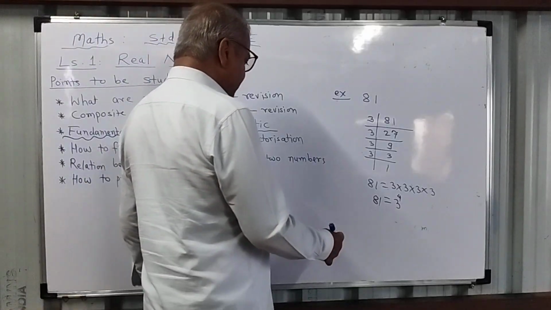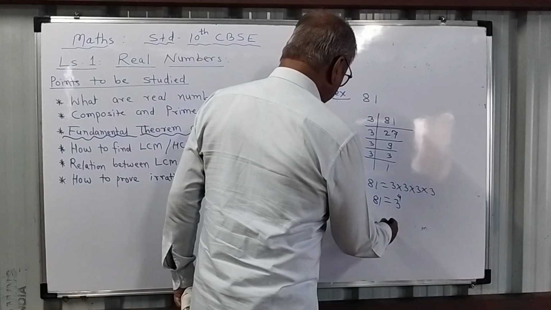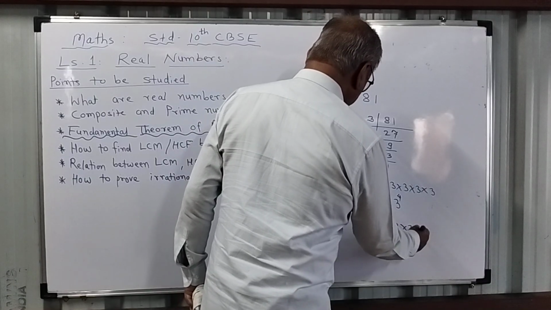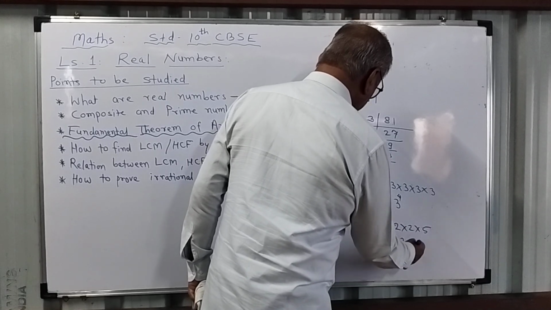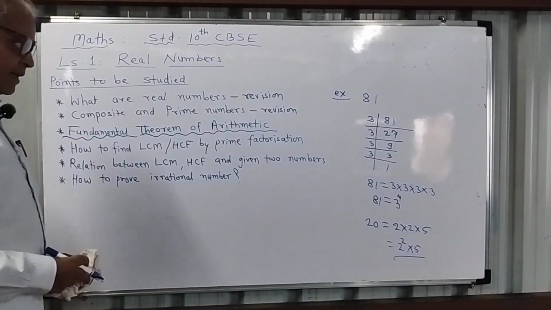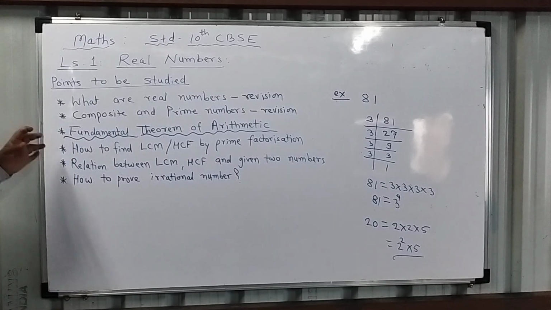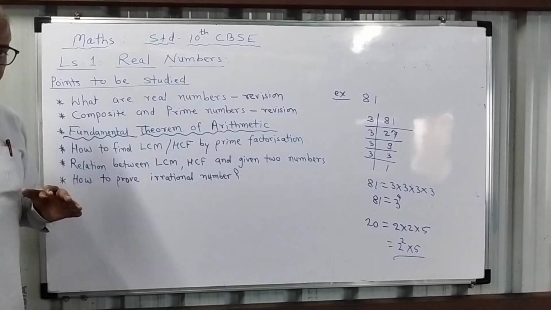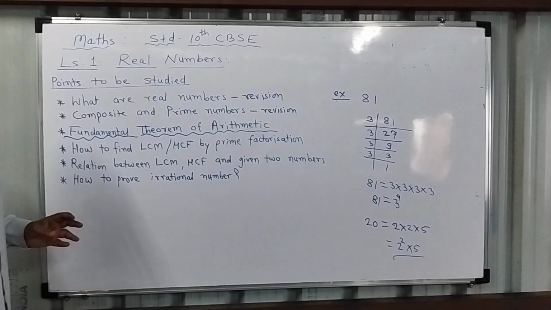One more number, suppose we take 20. The factors of 20 can be written as 2 into 2 into 5. So 2 raised to 2 into 5. In this way we can find the prime factors of any composite number. So that is the fundamental theorem of arithmetic. Any composite number can be expressed in terms of its prime factors.